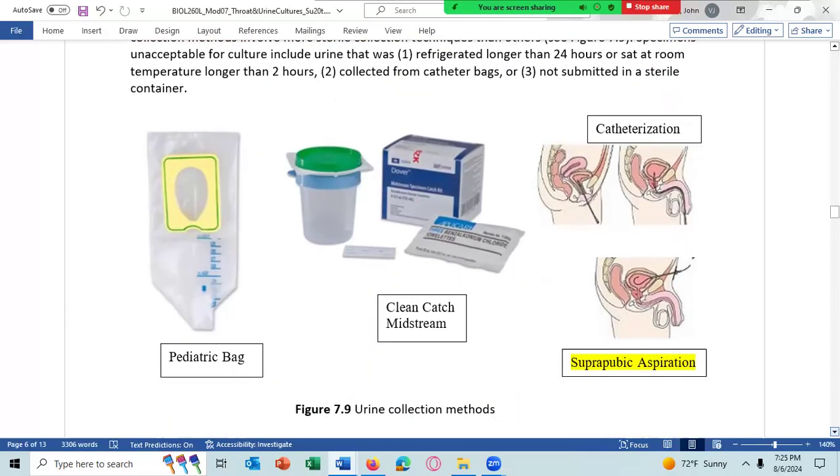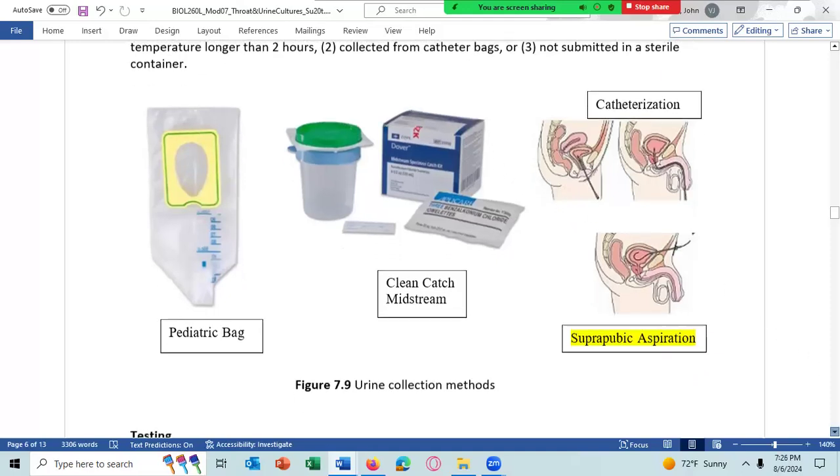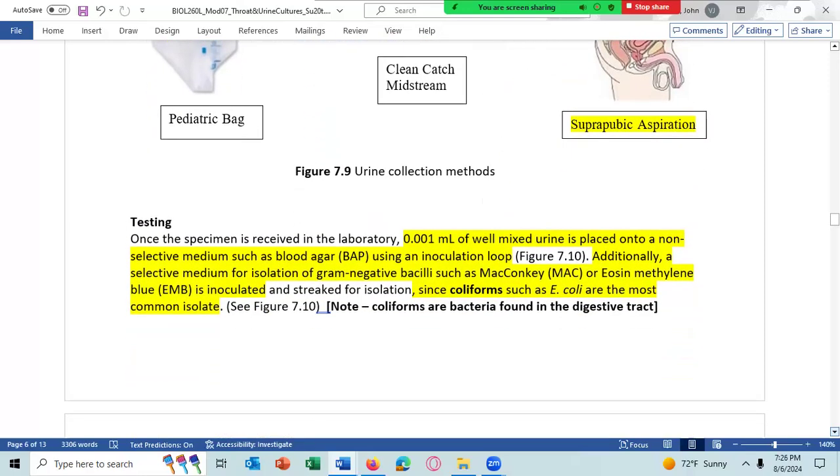And then I guess the best way would be suprapubic aspiration, where you stick a needle through the abdominal wall directly into the bladder and sample the urine directly. Obviously, you sterilize or clean the skin before you put in the needle. Patients, of course, do not like suprapubic aspiration. They would much rather do the clean catch midstream. Those are the three methods you can collect urine.